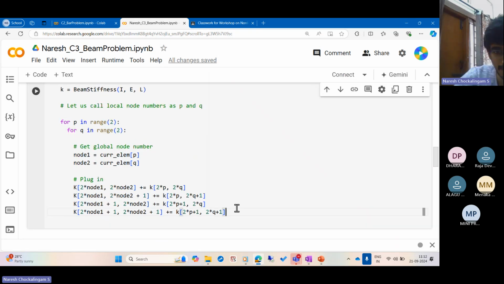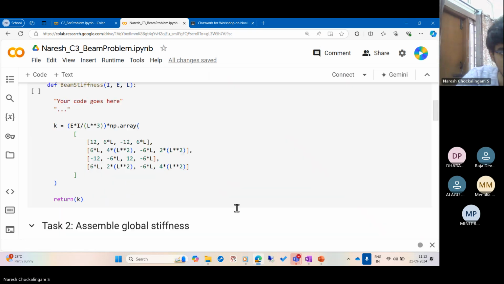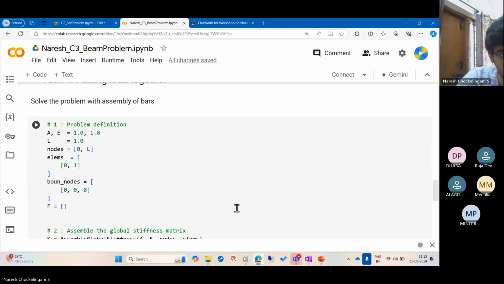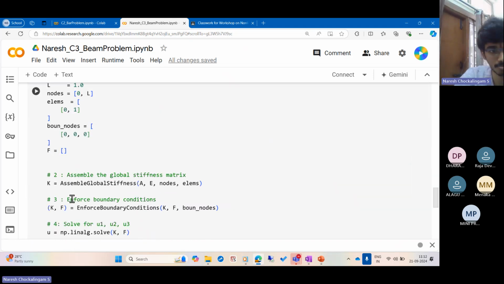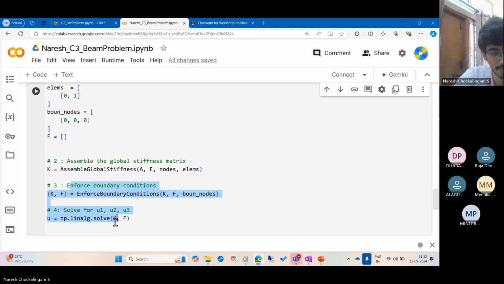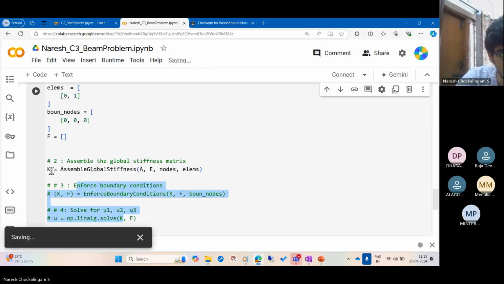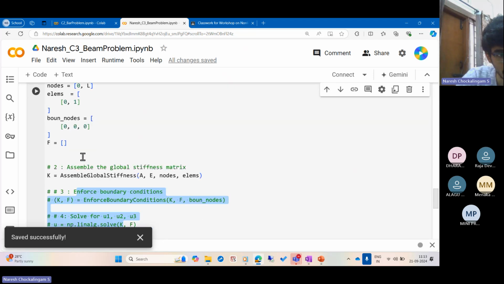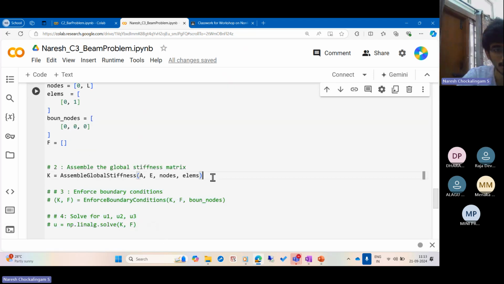Now, let me run this up to this point. We filled in the AE, L elements and boundary nodes. Force we are yet to do, but I think we can run up to this point.